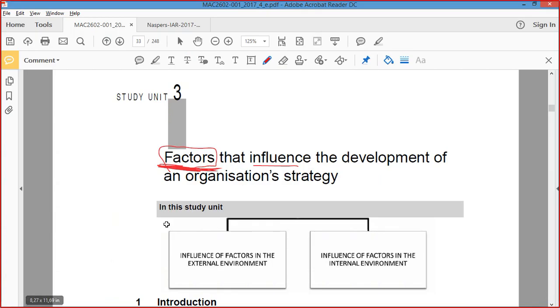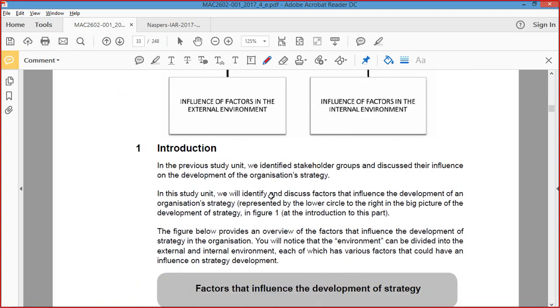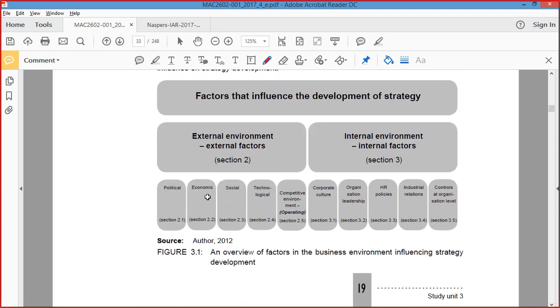So how would you describe that factor that influences the development of strategy? Would you put that as external or internal, what you're describing? I think I'd put it as internal. Why?